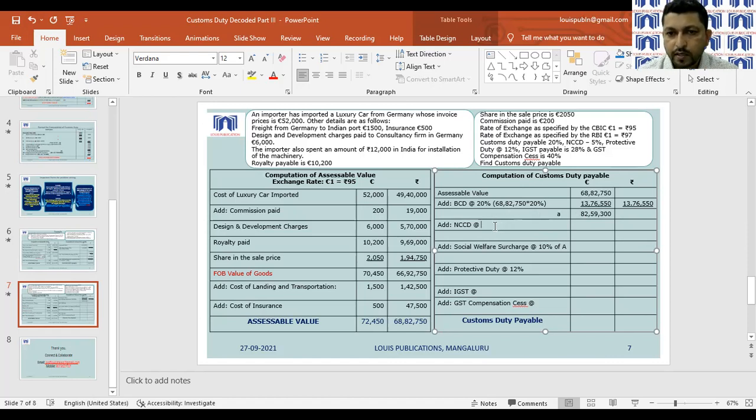So NCCD is given at 5% on A. So that will be 82,59,300 into 5%, which will be 4,12,965.